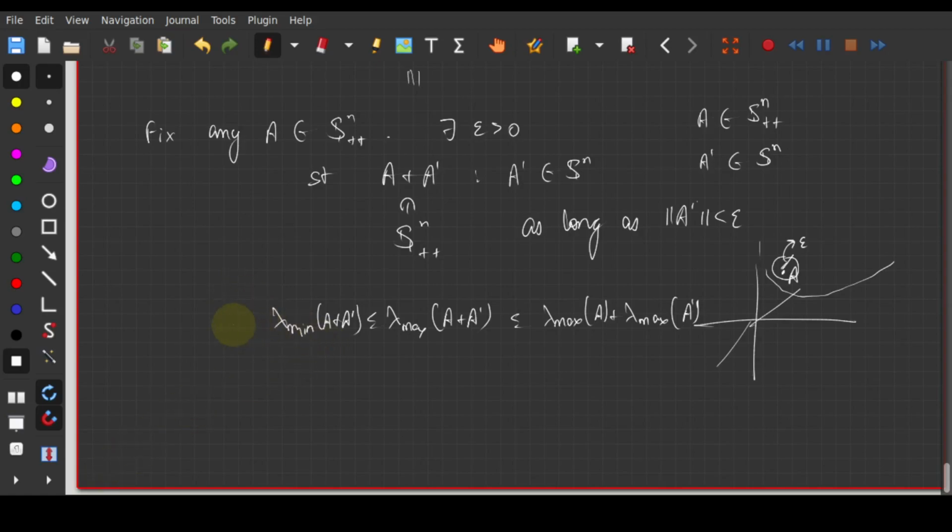This is straightforward, but it's also true that the minimum eigenvalue of the sum of two matrices is always greater than or equal to the sum of the minimum eigenvalues of A and A prime.